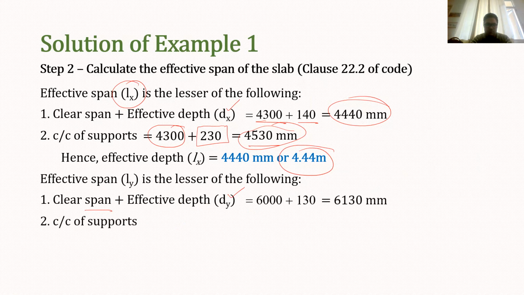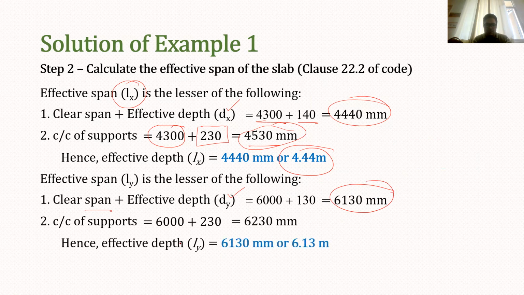Similarly, for center to center of support, it will be 6000 plus 230, which is 6230. So the lesser value in these two is 6130. So the longer effective span becomes 6.13 meter. So this is how we calculate the Ly and Lx value in case of two-way slab.